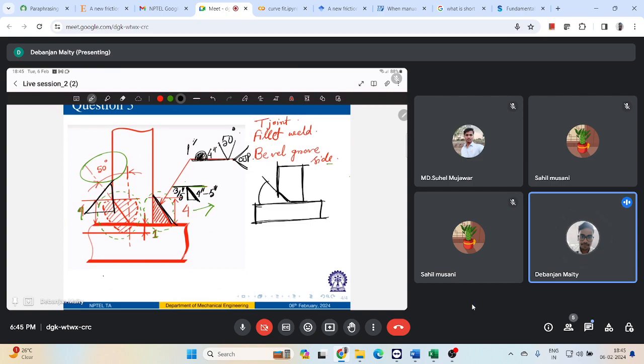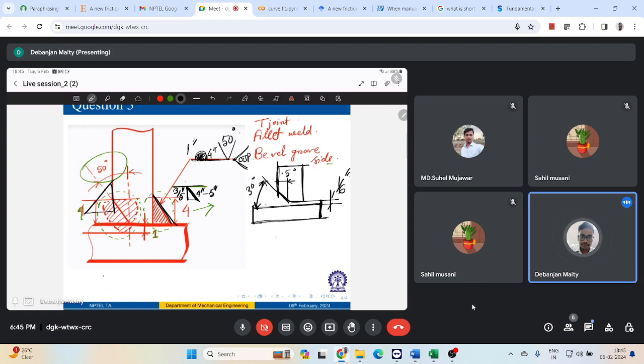This is a 30-degree angle, and the length is, I don't know, maybe 0.5 inch. And I'll put some opening over here, which is, let's say, 1 by 6 inch, right?